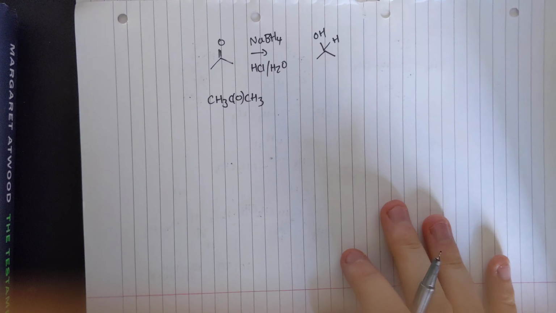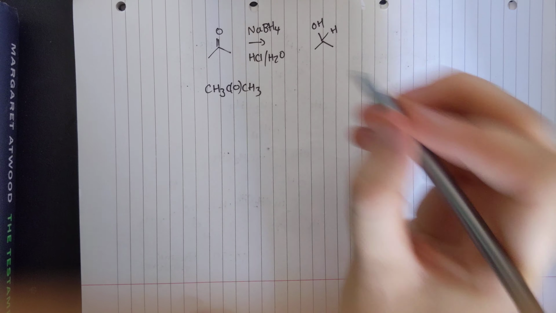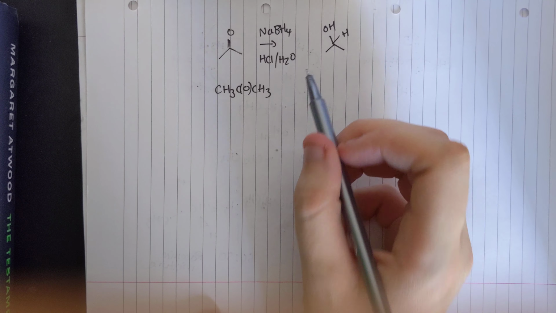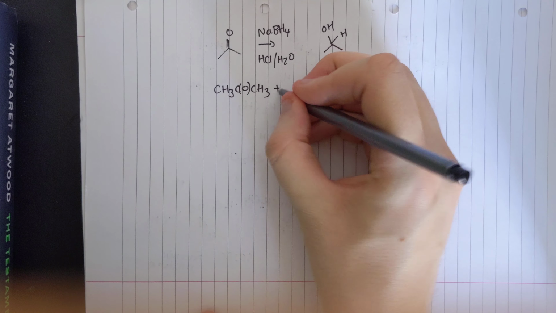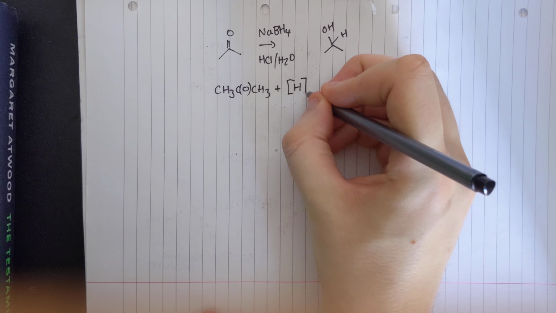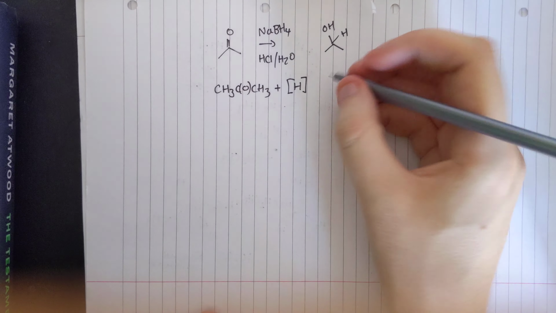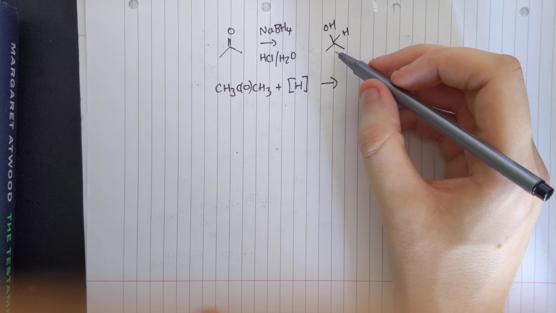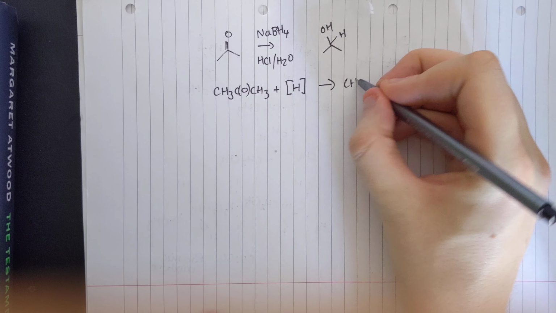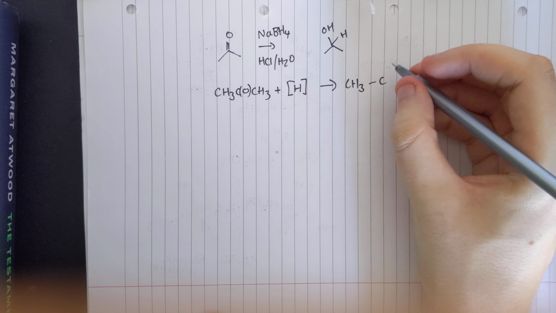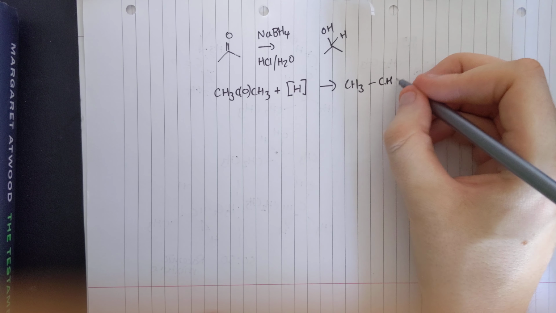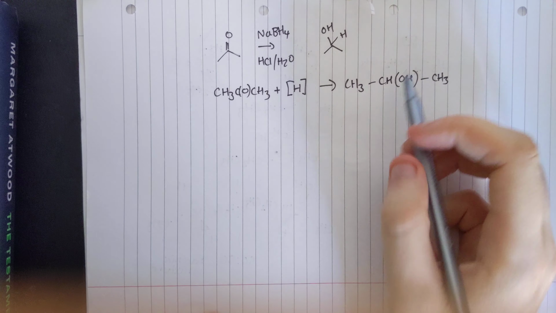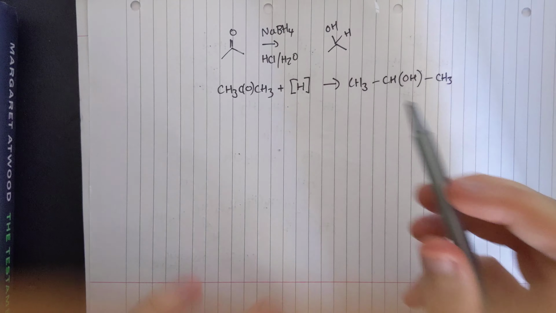Put that in a bracket. Like with oxidation, where we use square brackets O to represent the oxidizing agent, we're going to use square brackets H to represent the reducing agent. And then we write the structural formula for this molecule. So CH3CHOHCH3. I probably shouldn't have put the dashes in there.